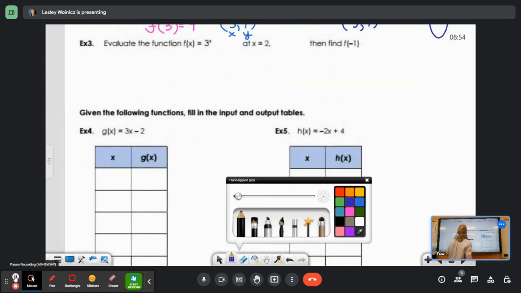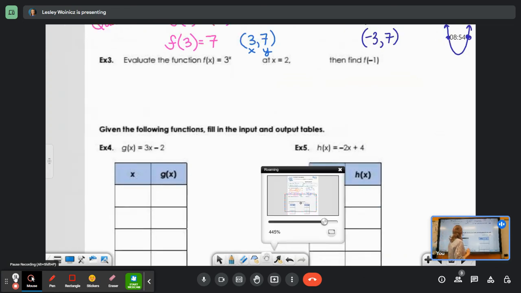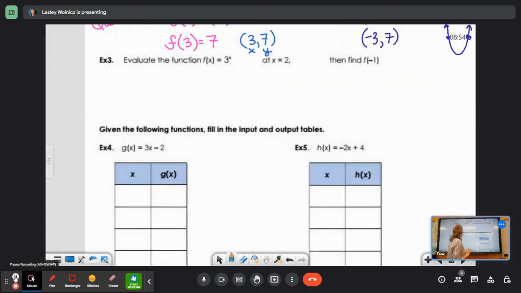Next up. So this is a fun little function rule. Do you see where the x is? It's in the exponent. If we have an x in the exponent like this, we're going to call that one exponential. Okay, so for right now, we just have to plug in the x though. So we want the output for the input 2.